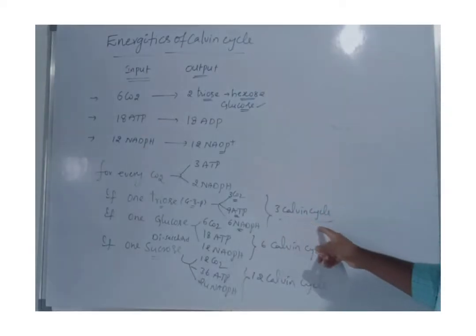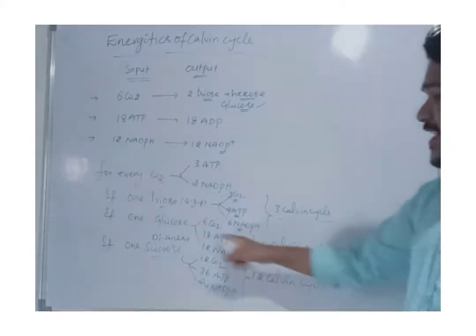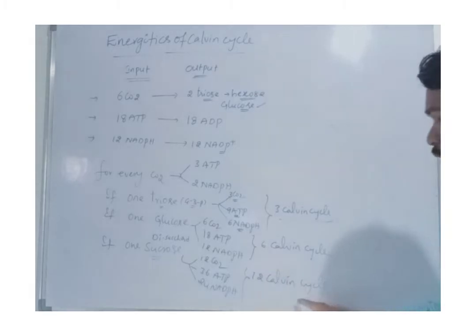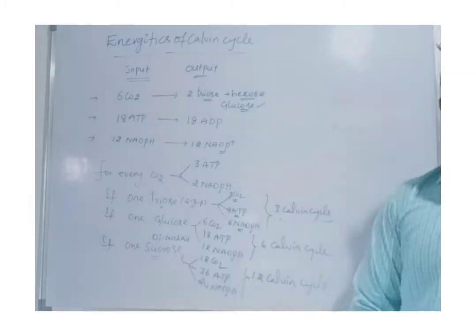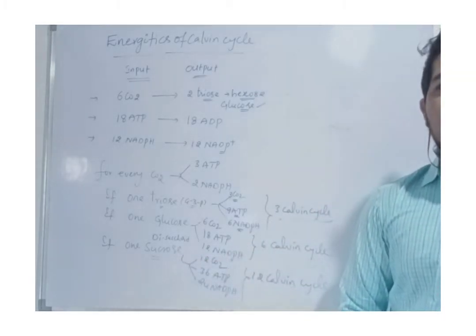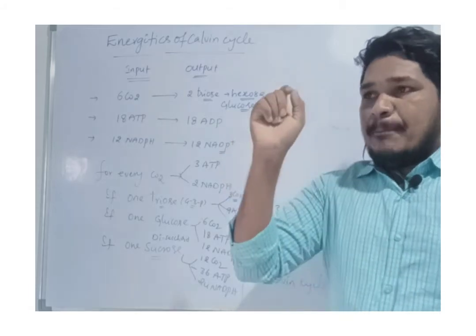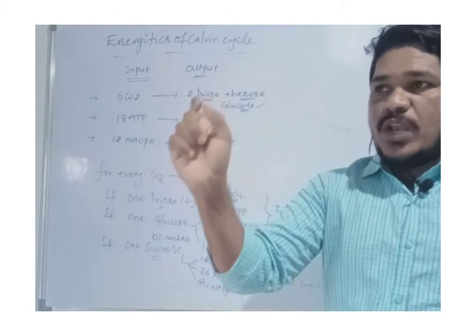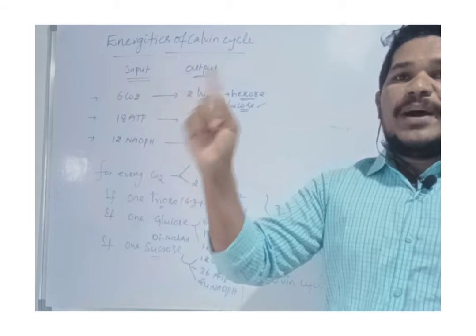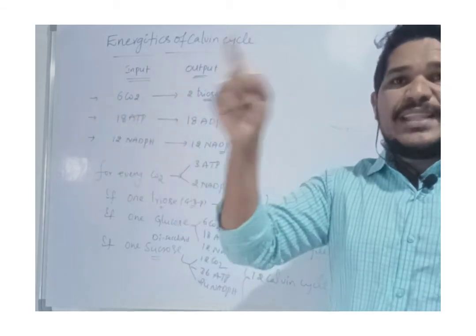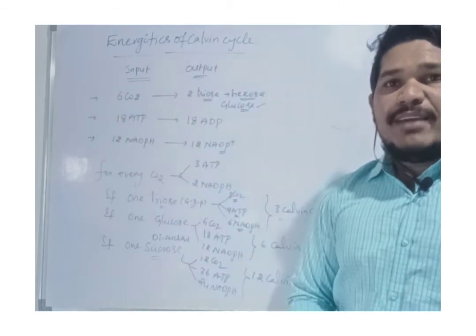So here 3 Calvin cycles for one triose, 6 Calvin cycles for one glucose molecule, 12 Calvin cycles for the formation of one sucrose molecule. If we observe, the number of ATP and NADPH molecules required per CO2 fixation process in the Calvin cycle.